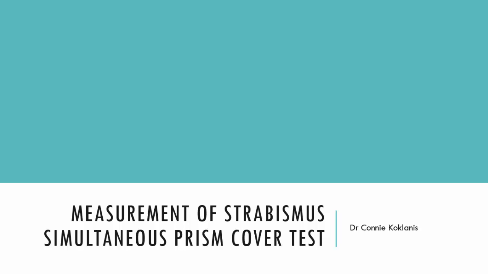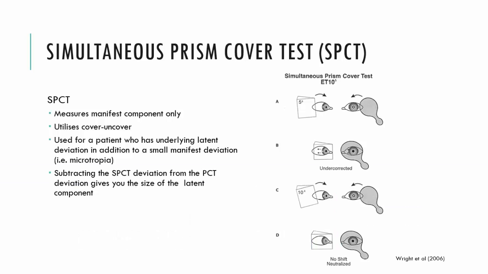So the question is, how do we go about finding out the size of the deviation for just the manifest component? And this is what the simultaneous prism cover test is.